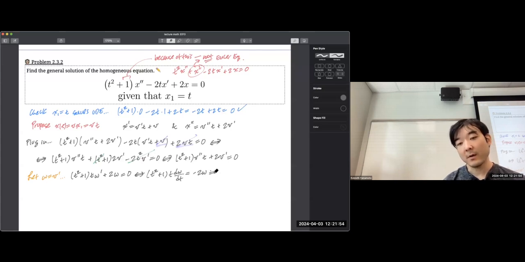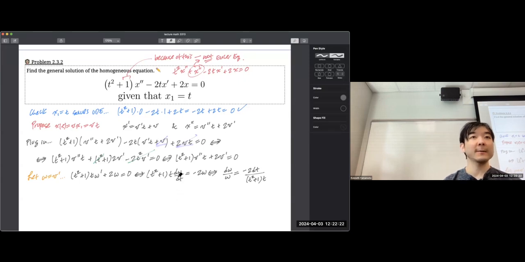All right, now you're going to divide by w, so it's going to be dw over w. I'm going to multiply by dt, so it's going to become equal to negative 2 dt over the t squared plus 1 times t.